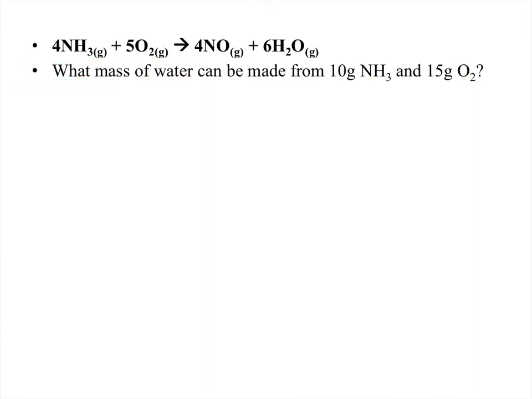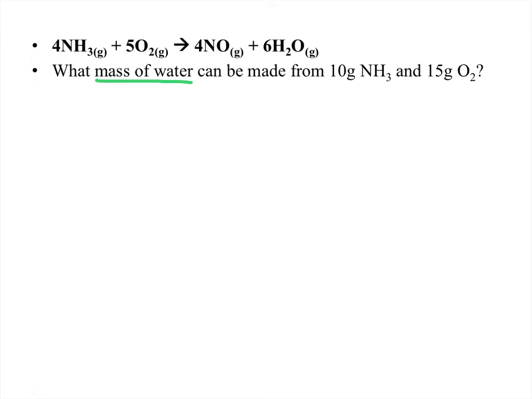This next example here is the same equation with different starting amounts of the substances. I want you to try this problem doing the exact same method that I did in the prior example, and see if you can figure out what mass of water can be made from those starting amounts. So pause this, please try this out, and I'll come back in a few seconds.